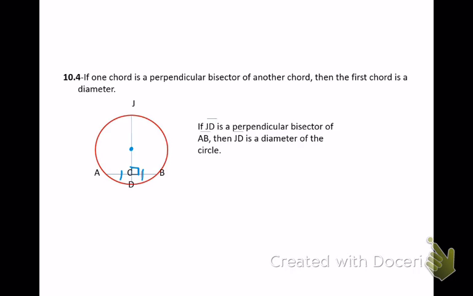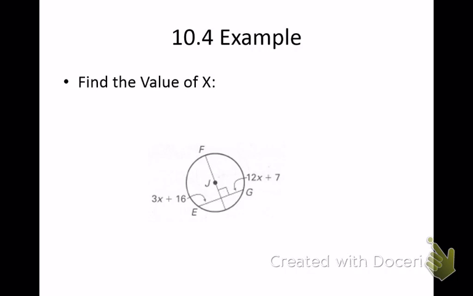Okay? How do we use that? Well, we've got an example here, right? Some things that we have to know. Right now what we know is that this chord, and we need another point here, so FD is a diameter. And it's perpendicular to the chord EG.